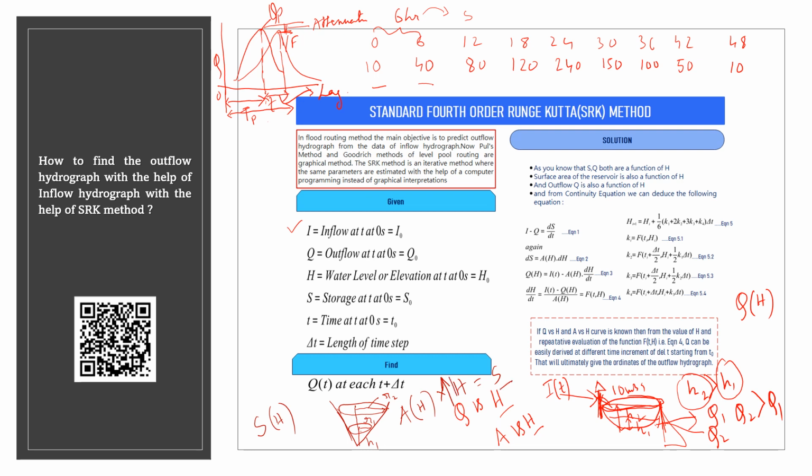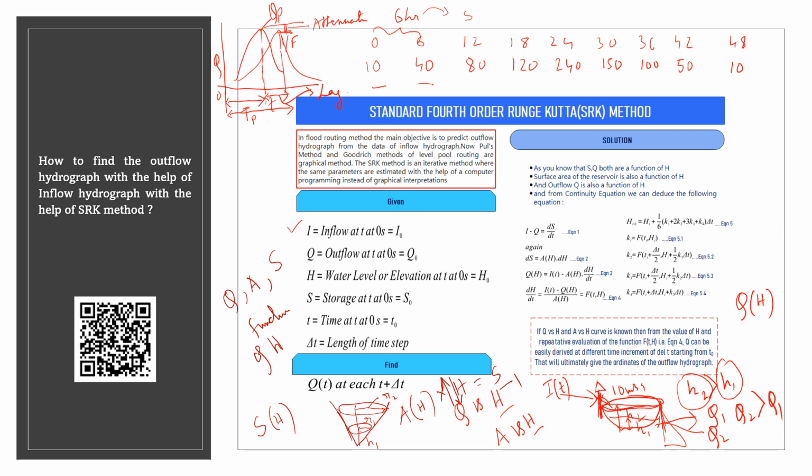If H decreases, storage will decrease. So it is very clear. You can say that this outflow discharge, surface area and storage are all a function of water elevation, or H.